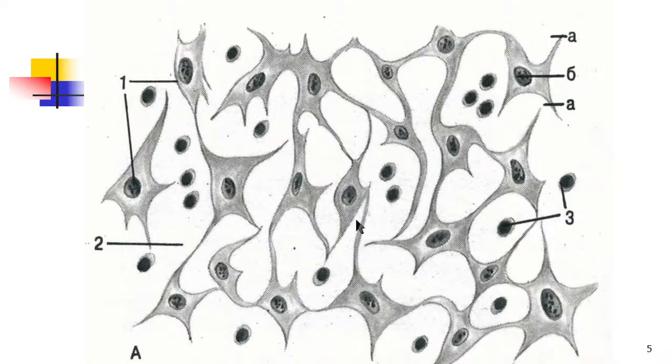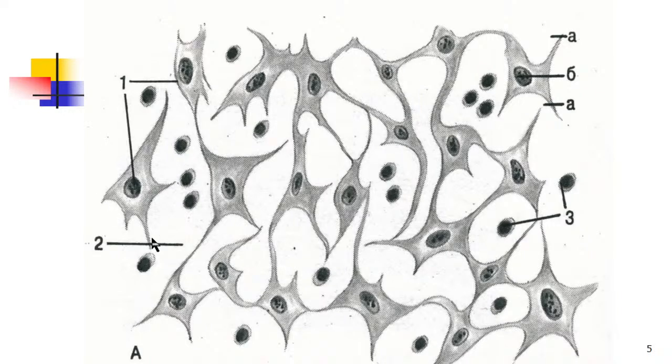From another side, why is it named false? Because under the electron microscope we can clearly see the junctions between cells. Reticular cells in reticular tissue are joined by some desmosomes, interdigitations, and other types of intercellular junctions, and that is why it is named false syncytium. A true syncytium can be present only in the spermatogenic epithelium of the seminiferous tubules in the testes.